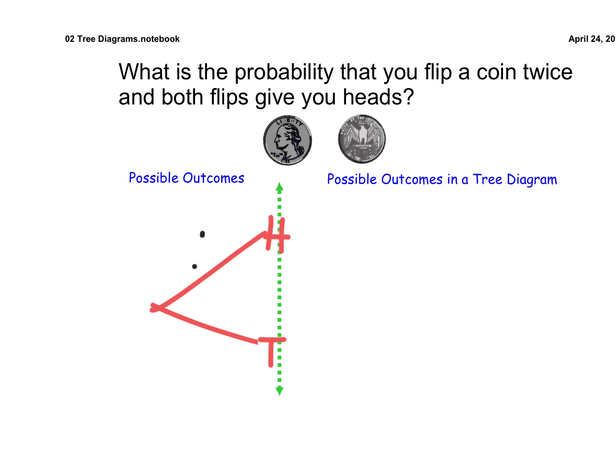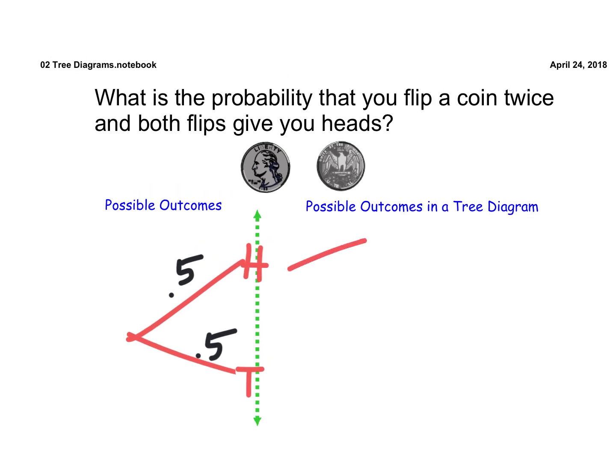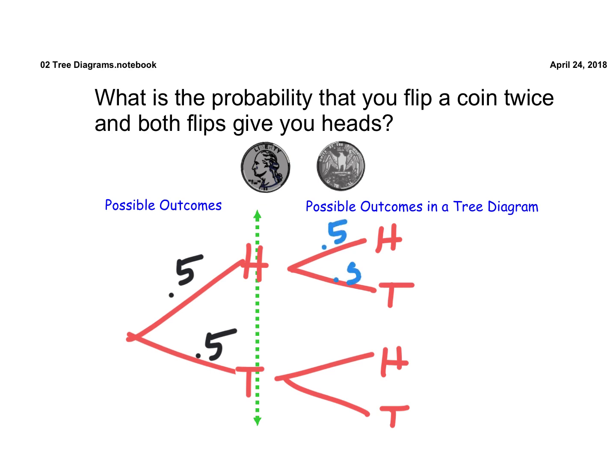Then you put the probabilities on the branch. Now if we do another coin flip, it's again heads and tails, heads and tails, and all 0.5s.